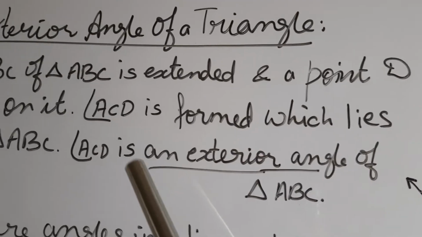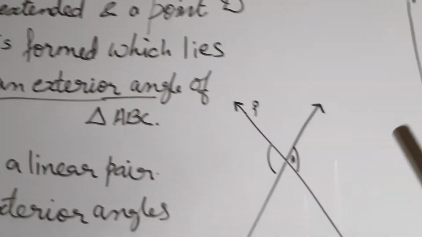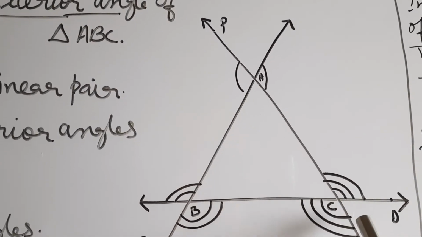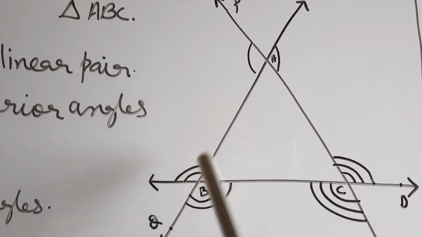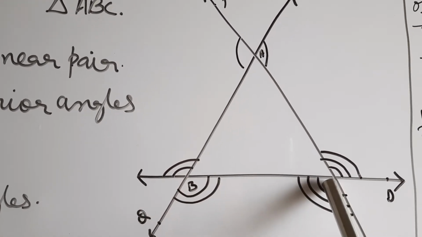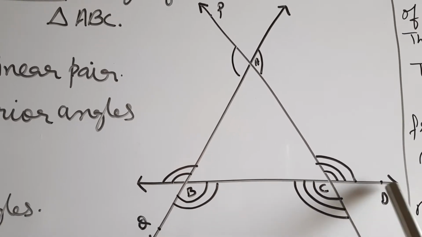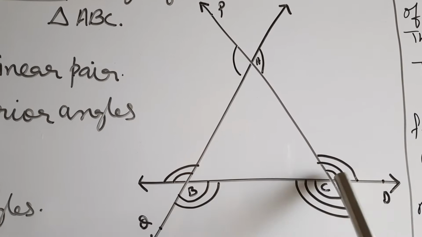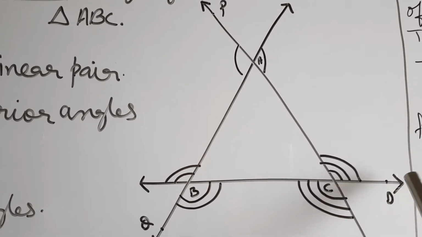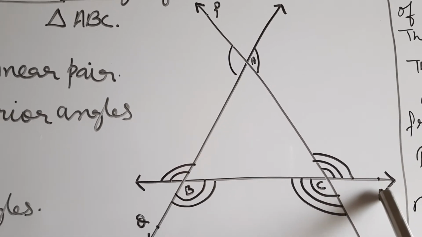The exterior angle of a triangle. Look at this figure. This is triangle ABC. Triangle ABC is extended. You can see the C point, it's extended and a point D is marked on this line.